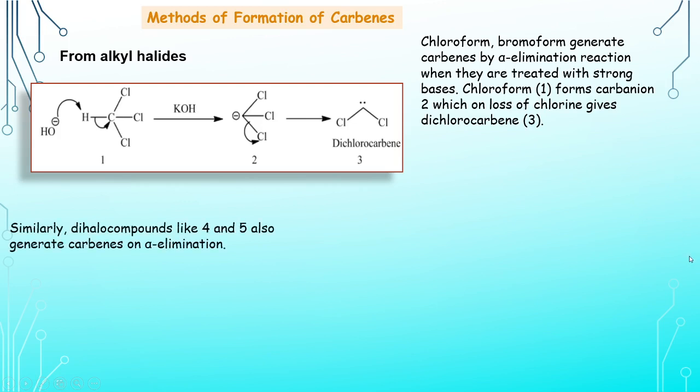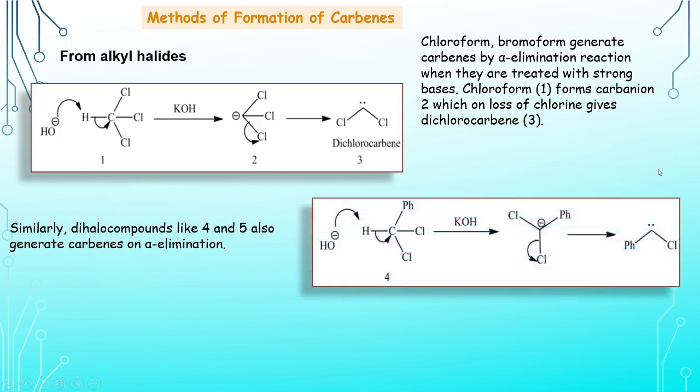Similarly, the dihalo compounds like 4 and 5 also generate the carbene on alpha elimination. See the structure. From this also you can prepare the carbene. In the first step there is abstraction of this proton and formation of carbanion.